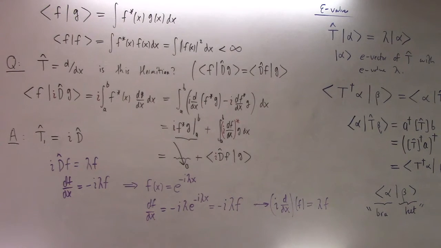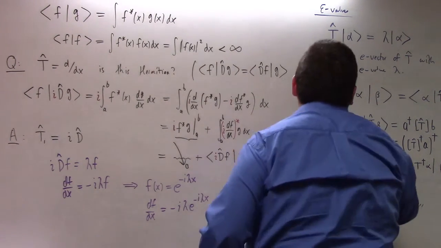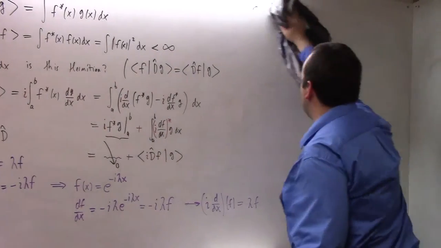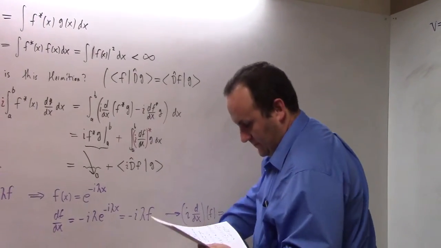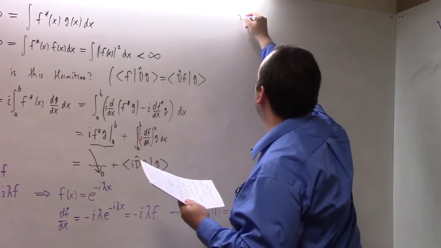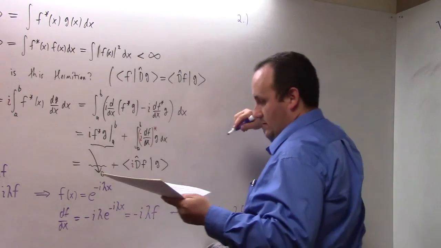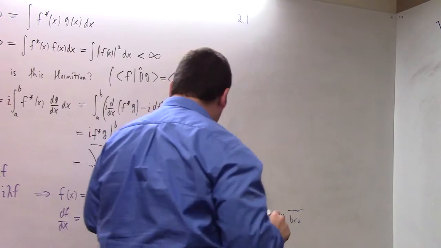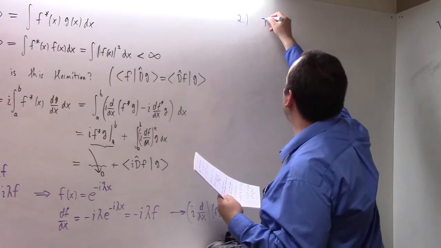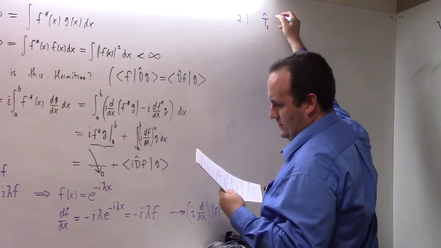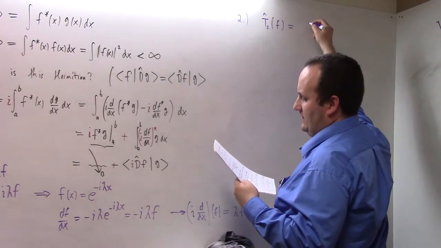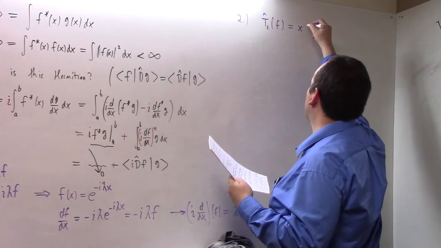Alright, so there's another one I look at here. T2 acting on f, I'm defining to be just x times f.